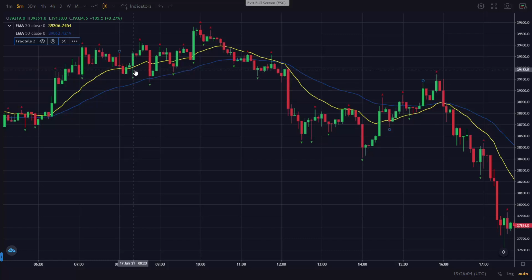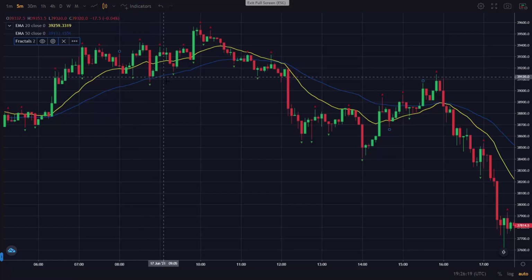That is one very crucial thing. And also, as I said, it takes two candles to form. So we count 1, 2, and your entry point will be here. Now you can place your stop loss at the 50 period EMA, or you can use support and resistance analysis for the long position, a support analysis to find your stop loss point. Your take profit point will also depend on your support and resistance analysis.